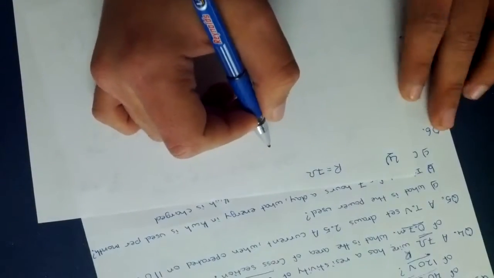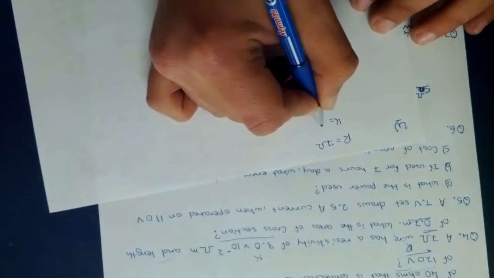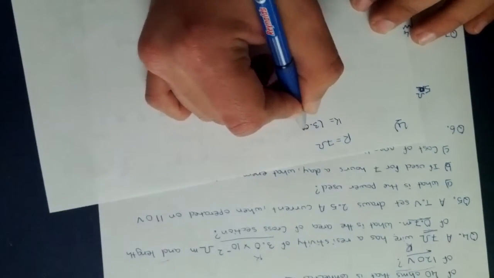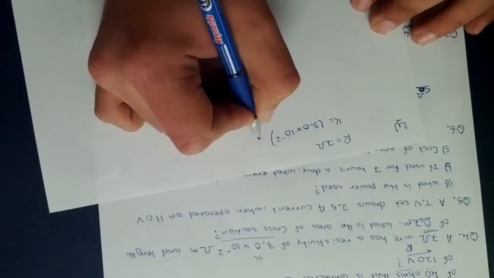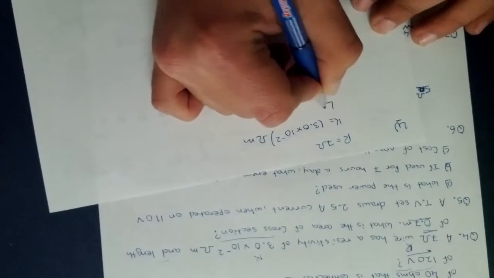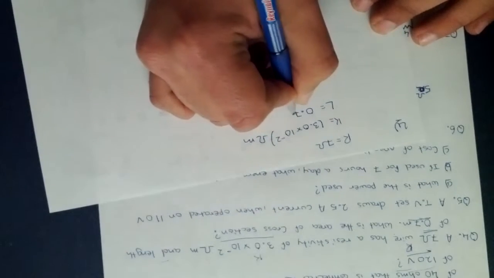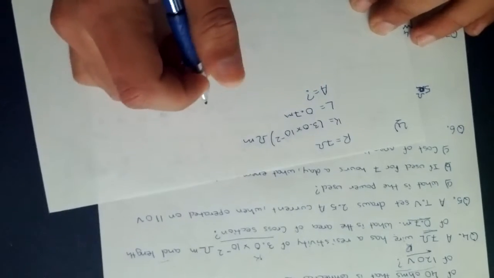R equals 7 ohms. K equals 3.0 times 10 to the power negative 2. Length equals 0.7 meters. And area is unknown.